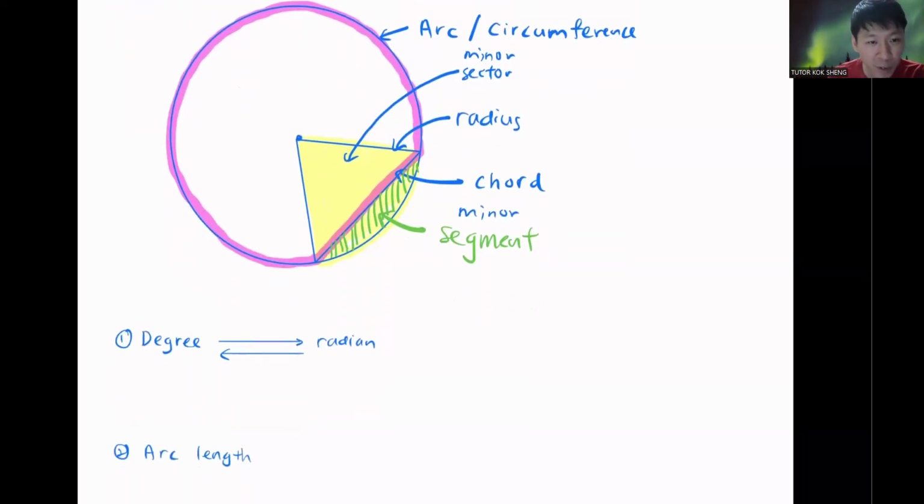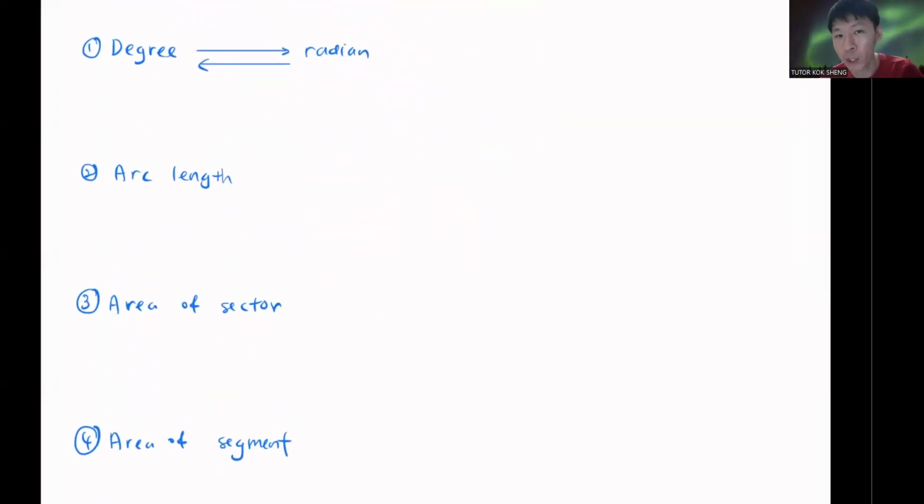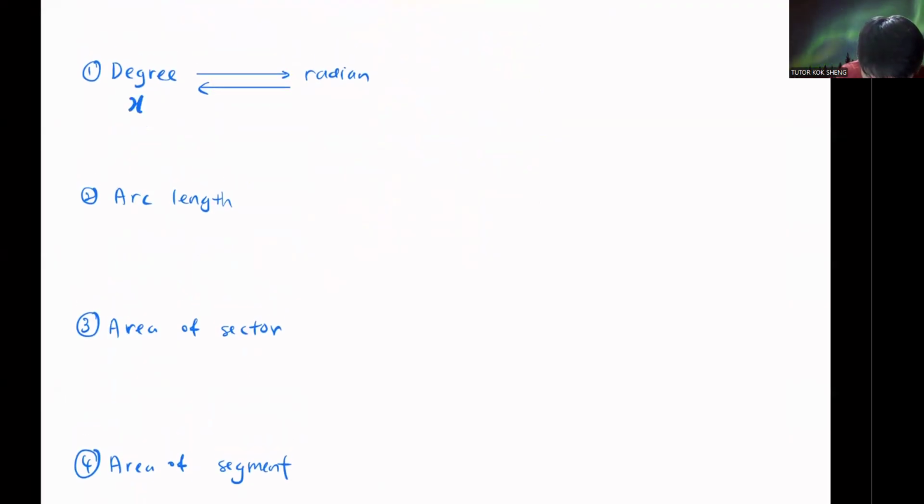Next will be the formulas. You have a total of four formulas to recall. The first one is about the angle, degree and radian. For degree, the symbol looks like a small circle on top of the number, and for radian you have the short form rad beside the number. To convert from degree to radian, you multiply by pi over 180 degree.